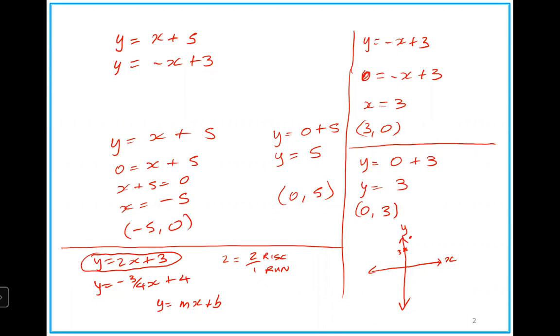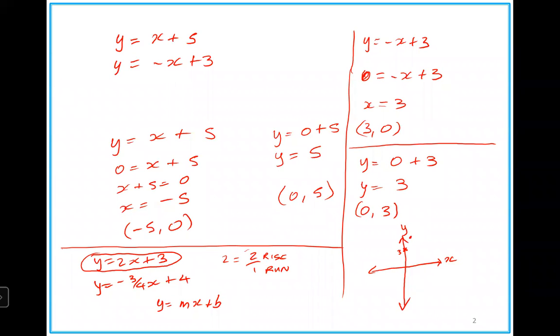You see this rise over run? Every 2 that you move up, you're going to move across 1. If you move down 2, then you have to move to the left 1. If you move up 2, you have to move to the right 1, to keep the slope the same.